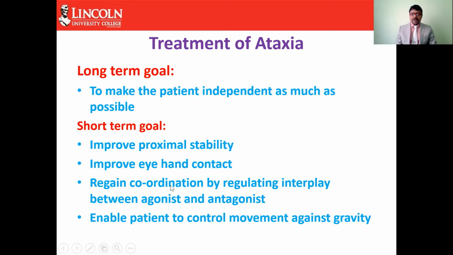And also regain coordination by regulating the interplay between the agonist and antagonist. That means we have to bring back the normal coordination skills with special exercises and special training. Depending on the agonist muscles, the main muscles, and also the opposite muscles, we have to concentrate on both. By strengthening the agonist and antagonist muscles, we prevent weakness in the proximal muscles.